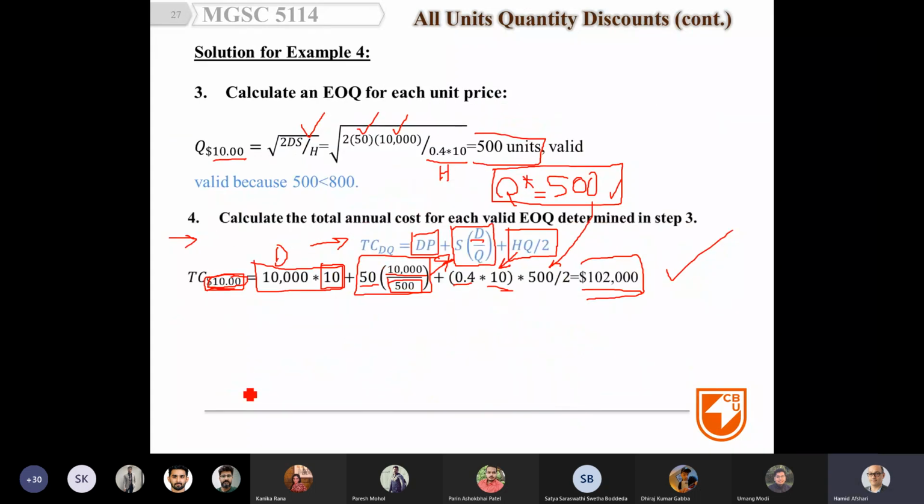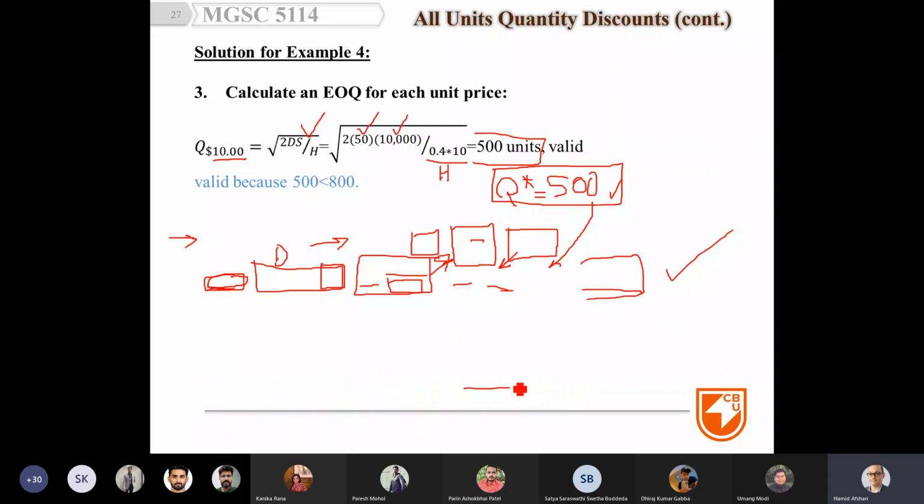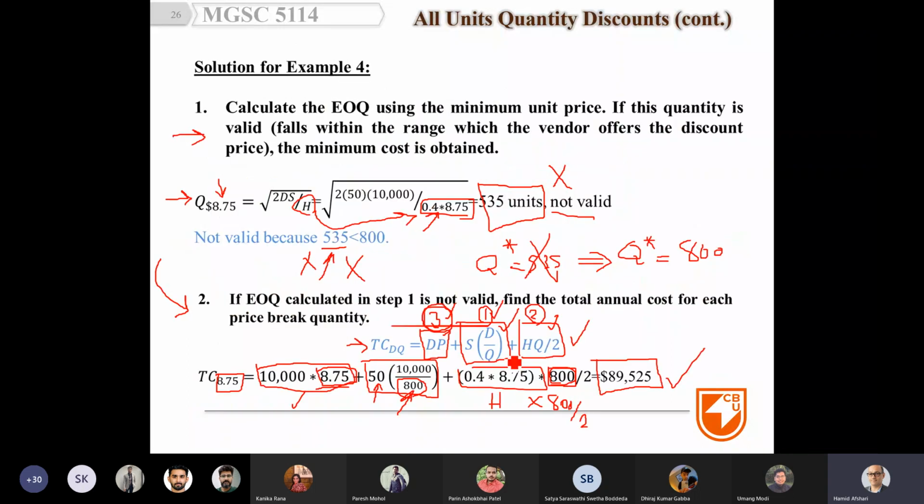So what's your decision? The conclusion is very important. Look at here. The minimum cost order, which is $89,000, occurs at 800 units, correct? Remember why 800 units? Because this one the number was not valid.